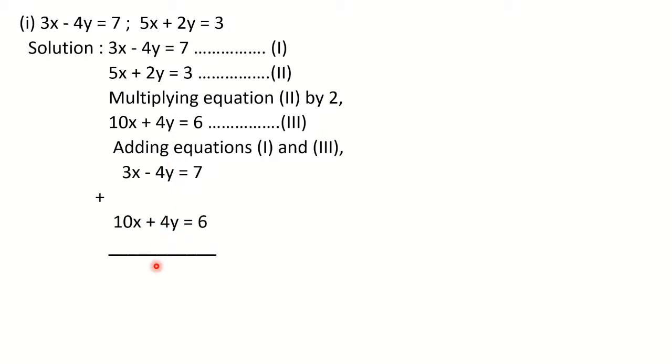So you will be left with 3x plus 10x, that is 13x, and 7 plus 6 is also 13. So write down the answer: 13x is equal to 13, and therefore x is equal to 13 divided by 13, that is x is equal to 1. In this way we got the value of x by eliminating the variable y. Okay, so all of you please copy it down.